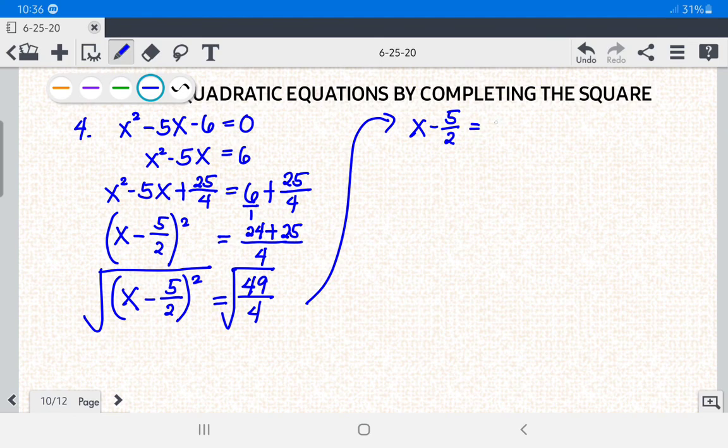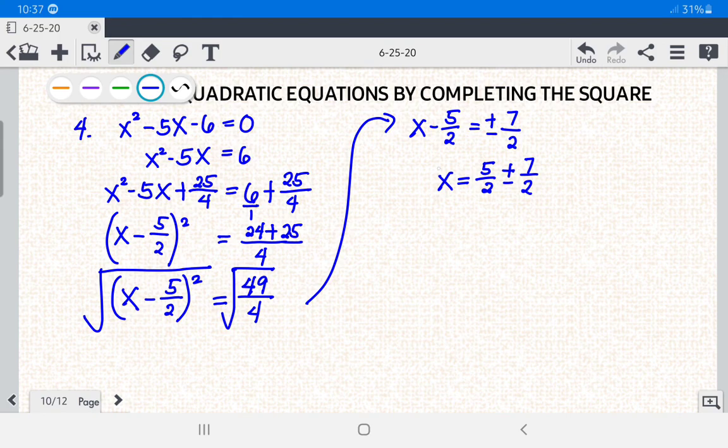So we have positive or negative 7, because the square root of 49 is 7, over 2, because the square root of 4 is 2. Then to find the value of x, using the addition property of equality, we're going to add 5 over 2 to both sides of the equation. So we have positive 5 over 2 plus or minus 7 over 2.